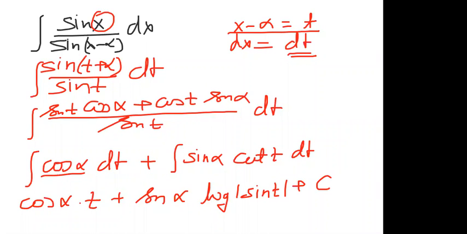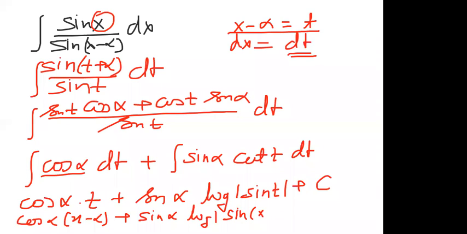So it will become cos alpha (x minus alpha) plus sin alpha log mod sin(x minus alpha) plus c. So this will be the answer of this question.